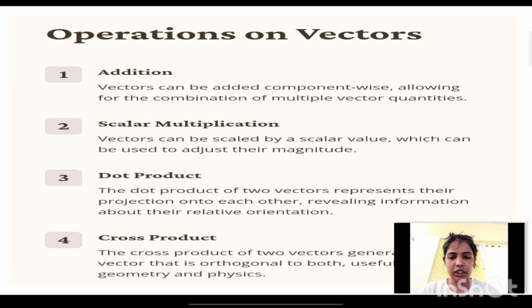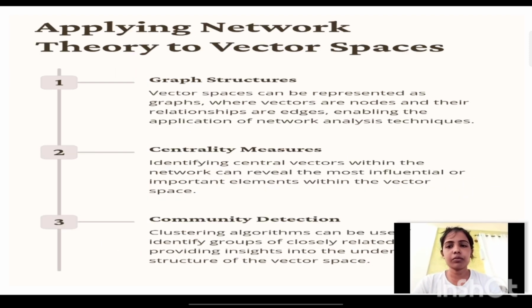Cross product: the cross product of two vectors generates a vector orthogonal to both, useful in geometrical and physical applications. There are many other operations, but these are the four we will be learning in this concept.